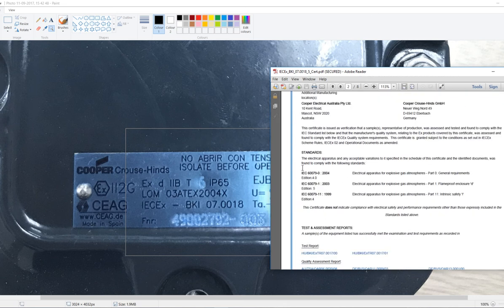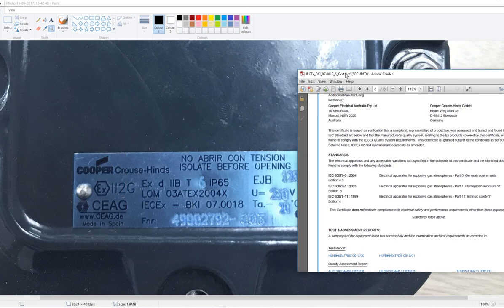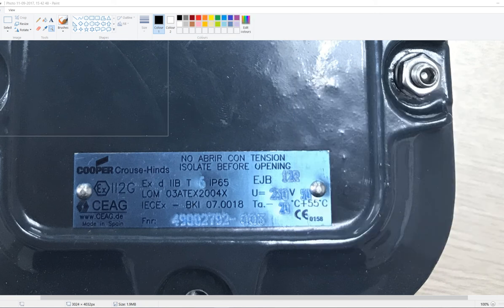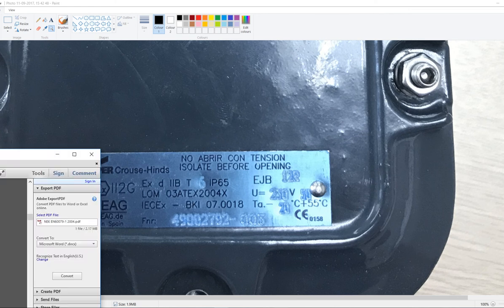Down here you can see the standards this equipment is certified according to. Since this is EX, you see this is 60079-1, and they use edition 5, 2003. So the standard we are using should also be the same year and same version.